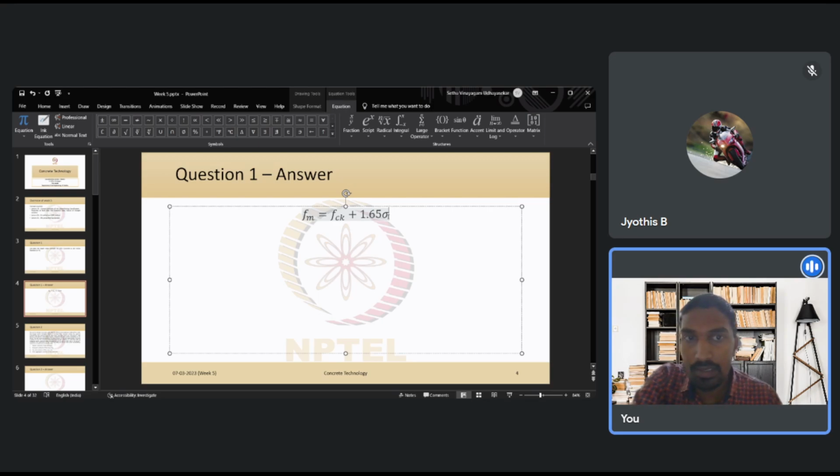So sigma is the variation in the strength of the different specimens that we will get out of it, right? And this value is given to us directly. We actually have to find it out experimentally, but for different grades the standard gives us this standard deviation value as well. And for M30 we can take sigma as 5 MPa, right? And what does this relation tell us? So what is this characteristic strength?